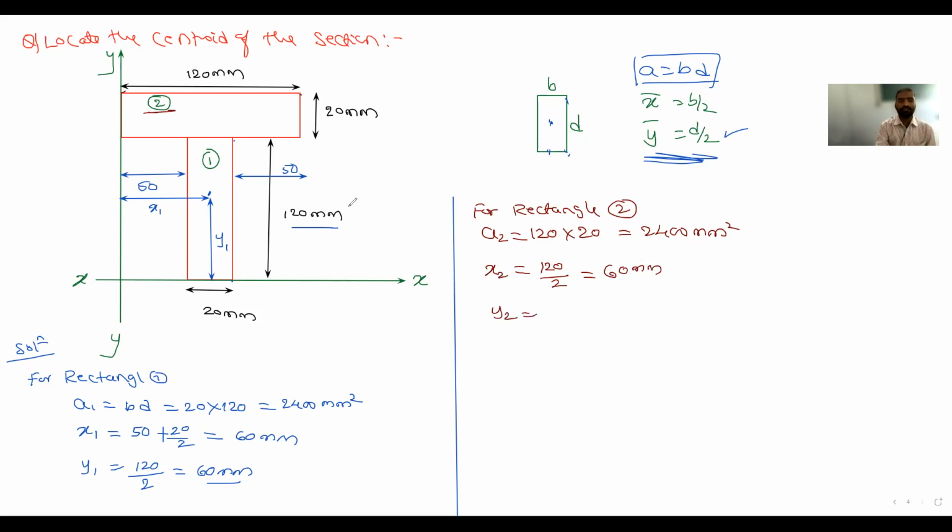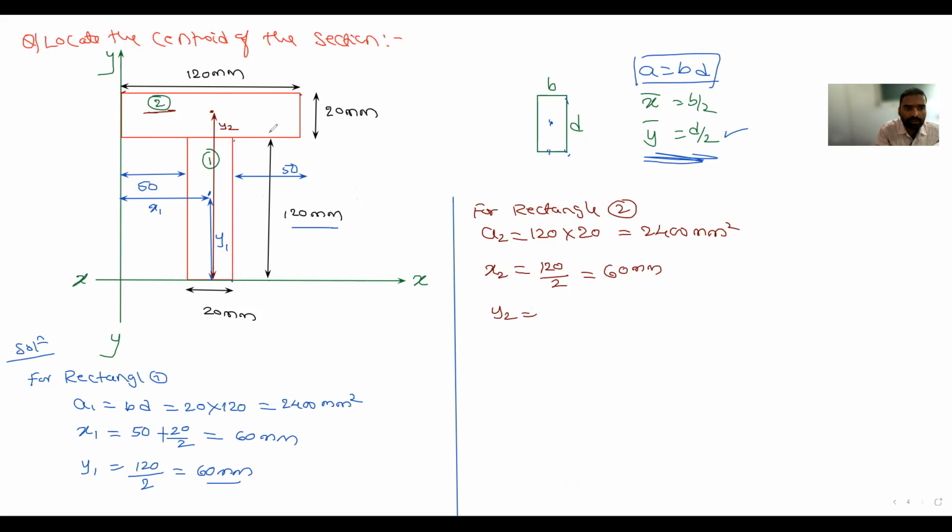Then y2. Now my task is I want to determine y2. So consider only the second plate. The centroid of this section is here, correct everyone? So y2 is the distance from the reference axis I want to determine. Where is my reference axis? This is my reference axis, correct? So from here to here, how much is it?